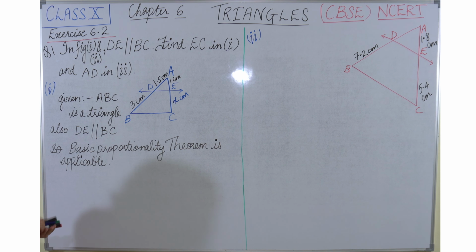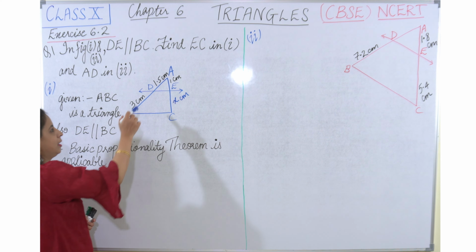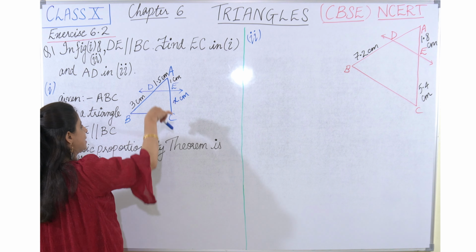According to the basic proportionality theorem, when a line is parallel to any of the sides of the triangle such that D and E are intersecting the other two sides, then they are dividing the sides into the same ratio.